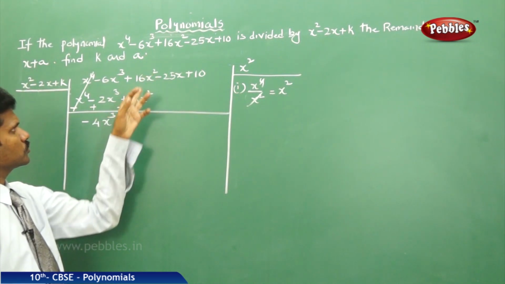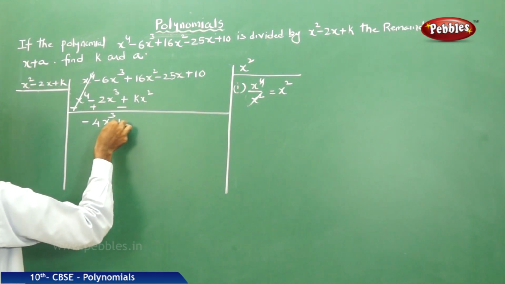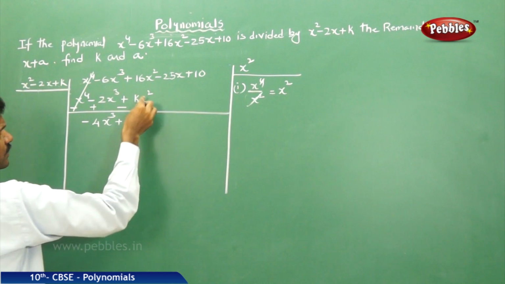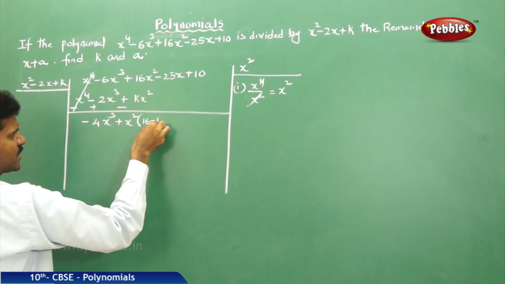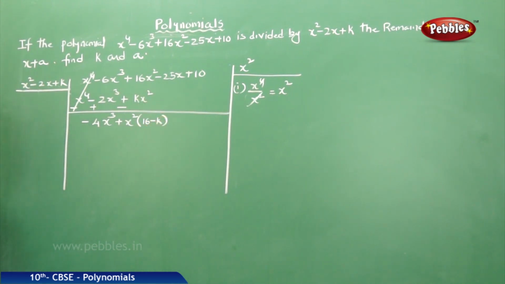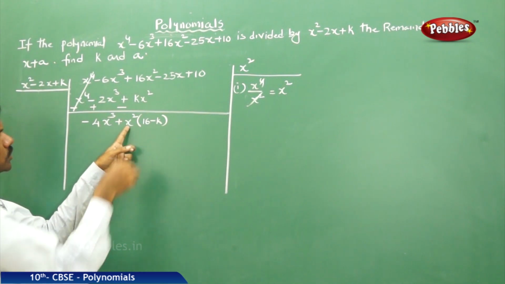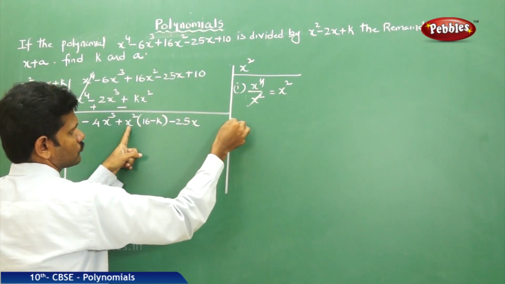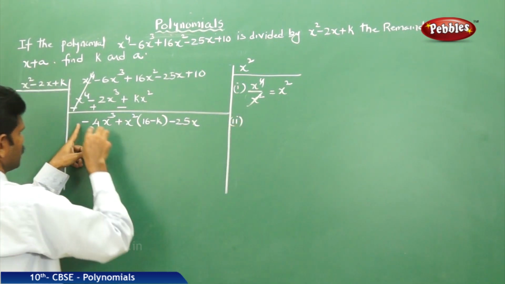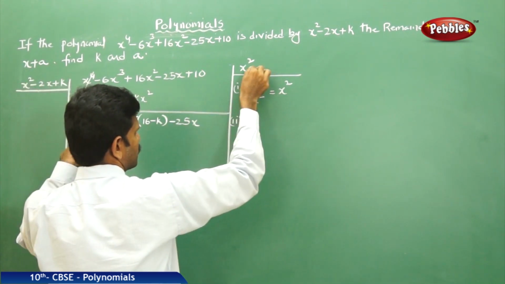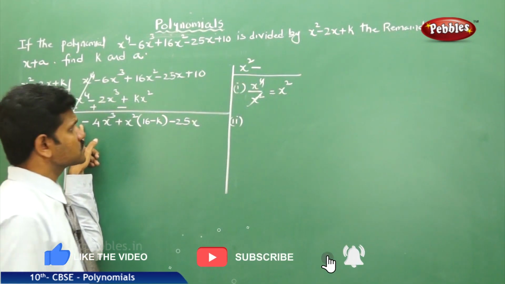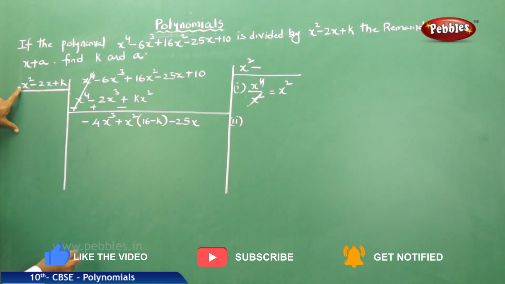From these two take x square common. If you take x square common, 16 minus k is left, x square, now bring down the x part, minus 25x. Now for the second part, the minus is here, you have to shift it here, and next you have to change the sign of your divisor.